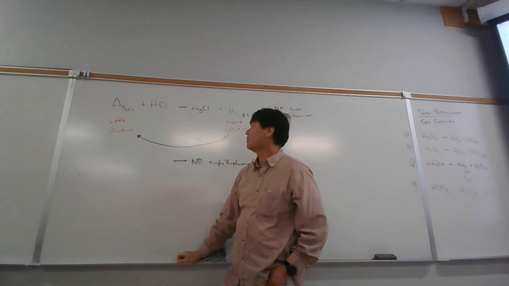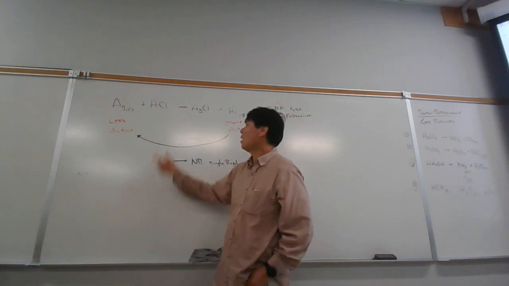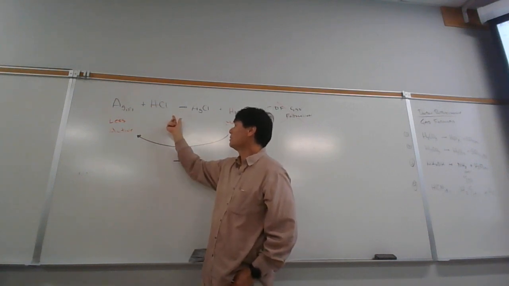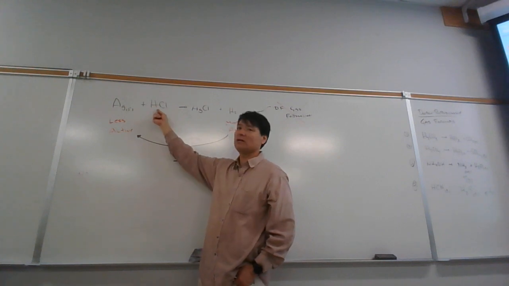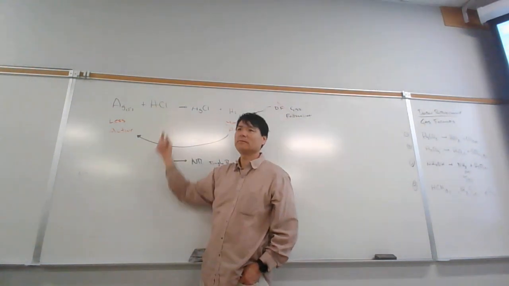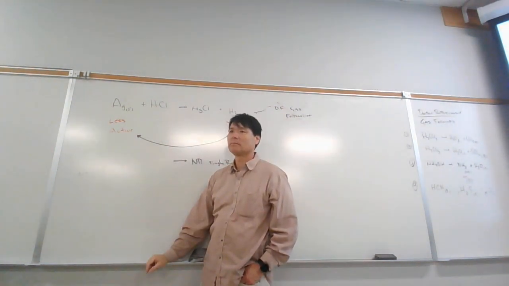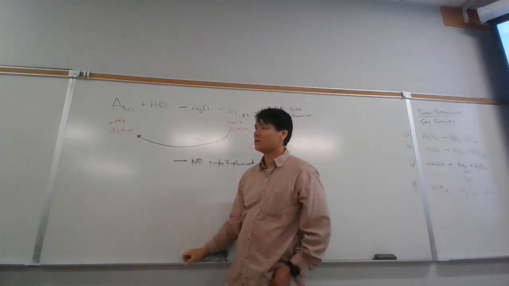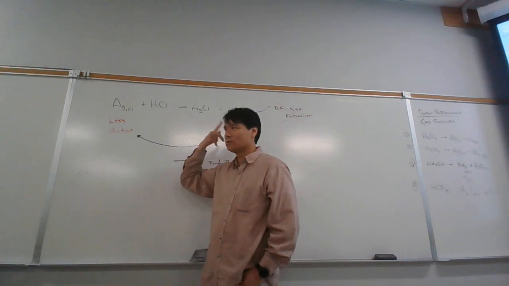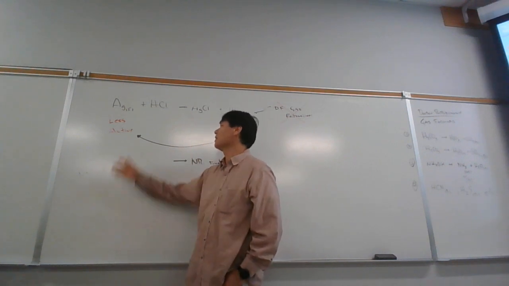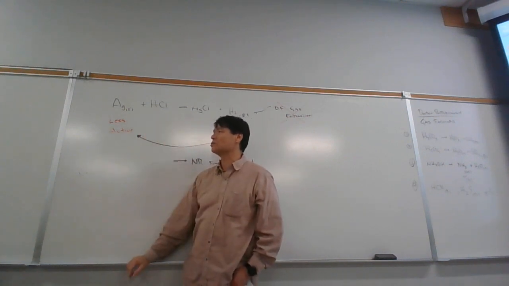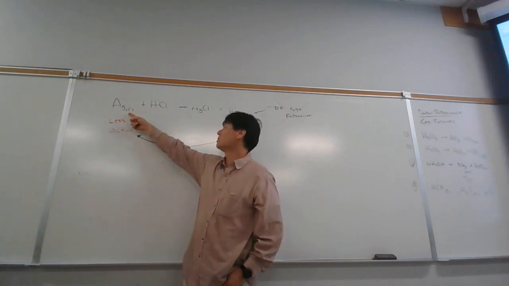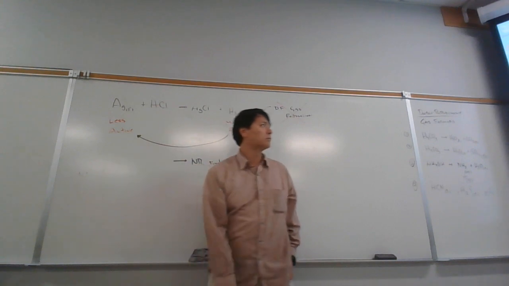Then we have to think about water. Is water, which is the solvent because this is aqueous, a better oxidizer than H plus or a better reducer? If nothing worked out here, maybe we have it assigned wrong. So we think in terms of the chart method. Thinking in terms of the chart method, we look for the strongest oxidizer and strongest reducer present.